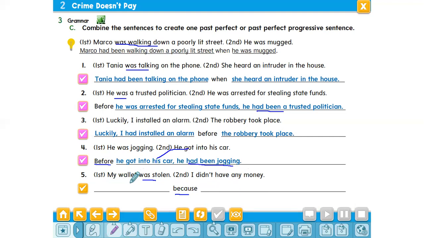Because my wallet was stolen. So, I didn't have any money because my wallet had been stolen. Clear? You get it? Okay.